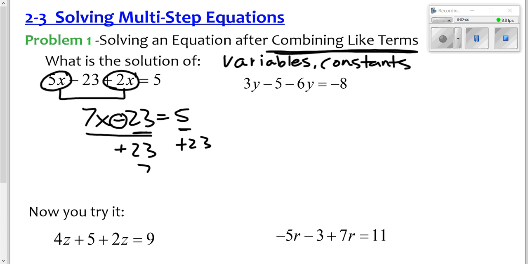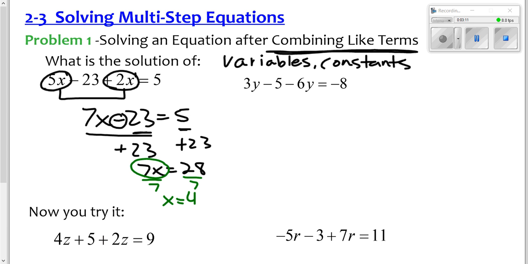I'm going to get 7x equals 28. And I can then go and divide both sides by 7. This is a multiplication. Remember, when a number and a variable are stuck together, that's been done by multiplication. Undoing multiplication is to divide, so I'm going to go ahead and divide by 7, and 28 divided by 7 gives me 4.